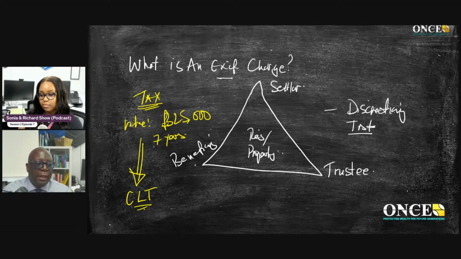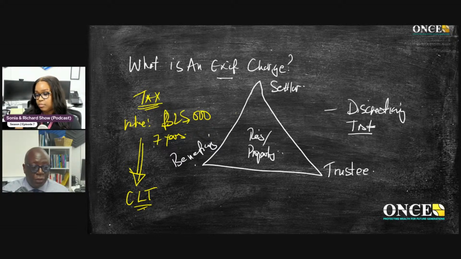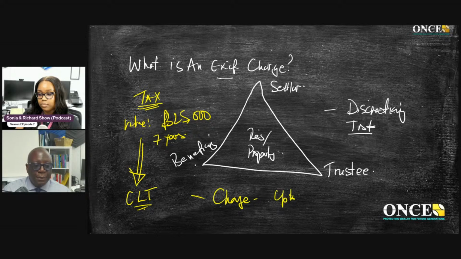Now, if that trust is shut down, i.e., you're exiting the trust, it's a technical calculation, but I'm going to keep it really simple. If the value of the trust exceeds 325,000, it can attract an exit charge of up to 6%, which is a type of inheritance tax, and the trustees are responsible for paying that.